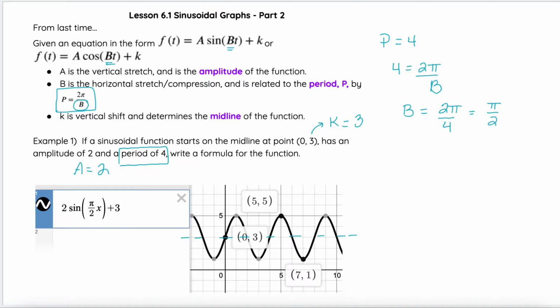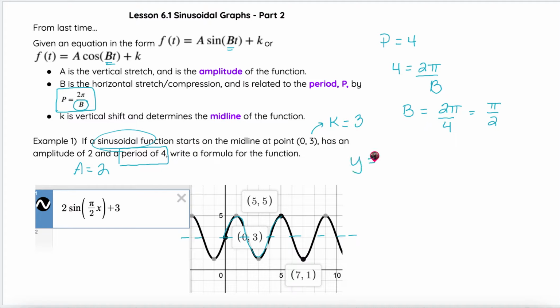I also notice that it tells us it's sinusoidal, so it's either going to be sine or cosine, but looking at the shape of the graph itself, it follows the pattern of sine. It follows the pattern of sine, just shifted up and squished together. So I'm going to use the sine function.